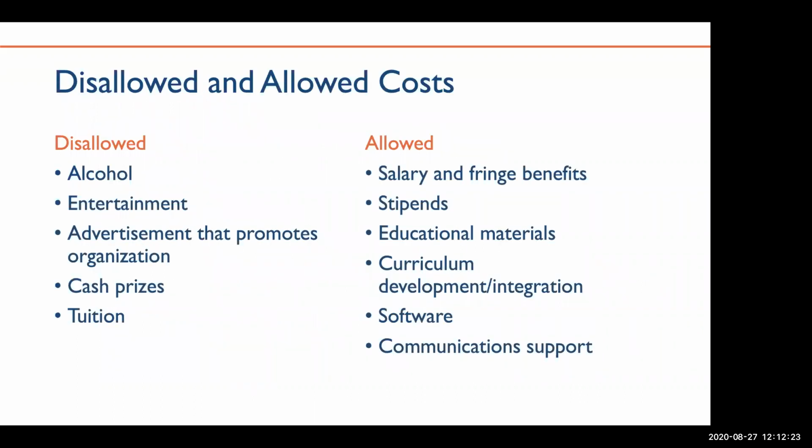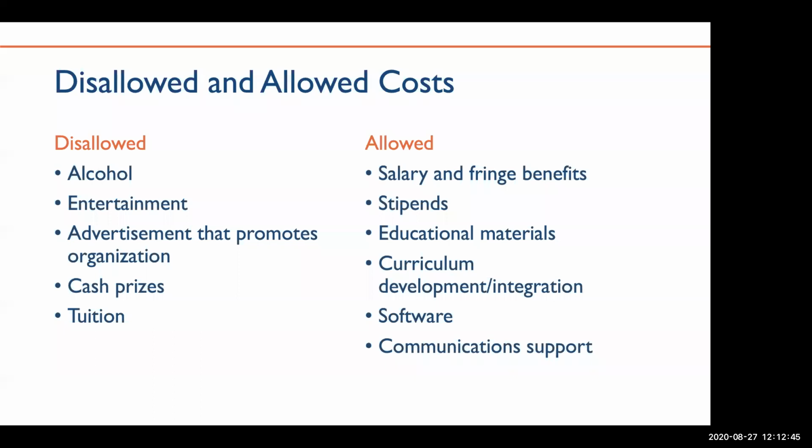So before moving to the next slide, I want to tick through some generally disallowed and allowed costs. As you can see on the left-hand side, alcohol, entertainment costs, advertisement that promotes the organization are disallowed, although advertising for recruitment is allowable.